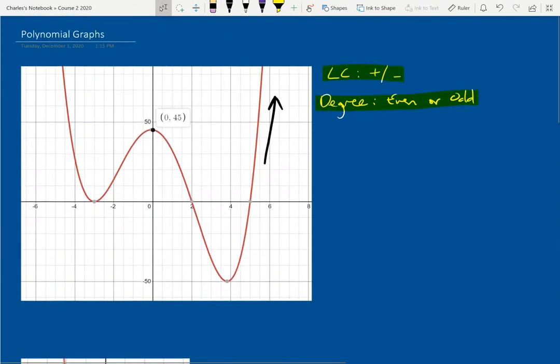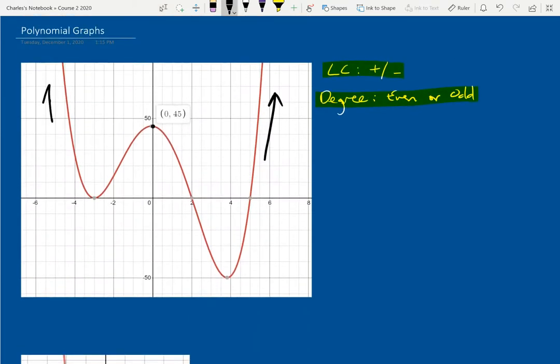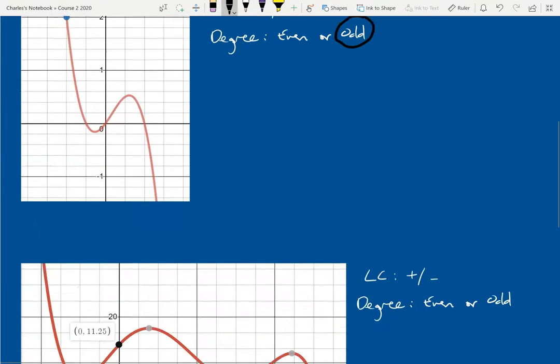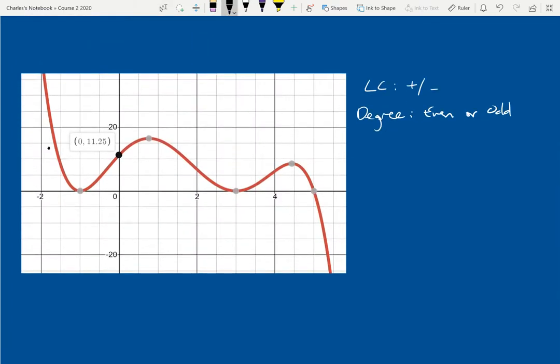So in the first case, this is an even degree. In this second case, this is going to be an odd degree. And in this third case, the left arm is pointing up, the right arm is pointing down, so this one's also going to be odd.